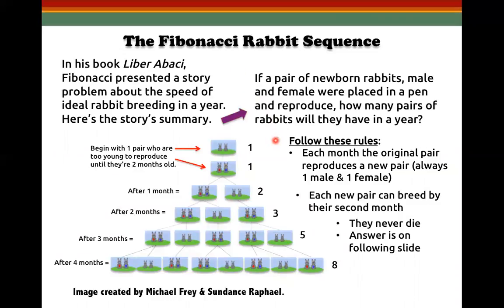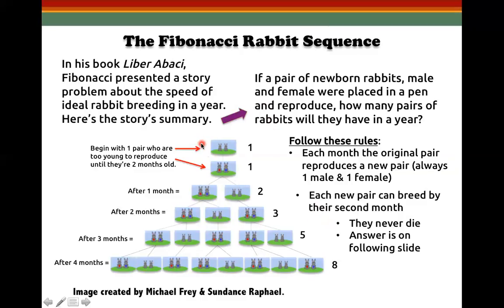You have to follow certain rules. Each month, the same original pair reproduces a new pair, always one male and one female. Each new pair can breed by their second month, and the rabbits never die. The answer is on the following slide. These are ideal situations.